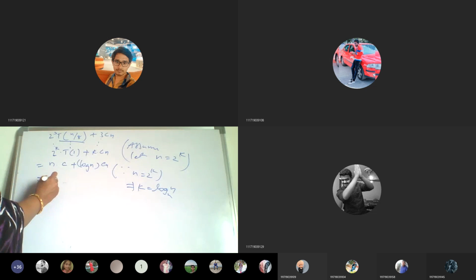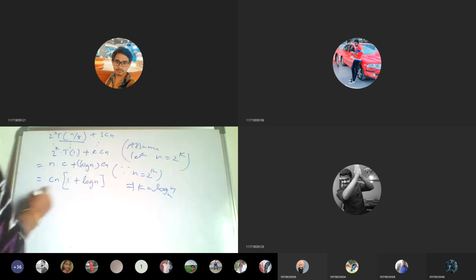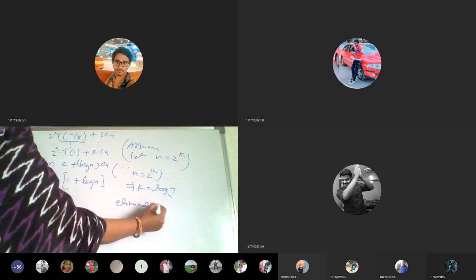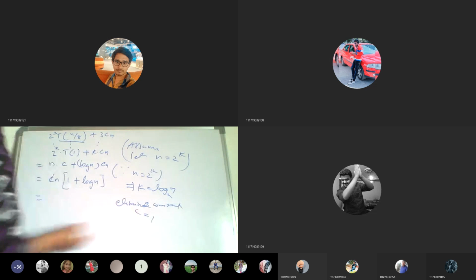So if I take cn outside, this will be 1 plus log n. If we just remove constants, constant is anyway constant only, so let's substitute constant c is equal to 1 here.